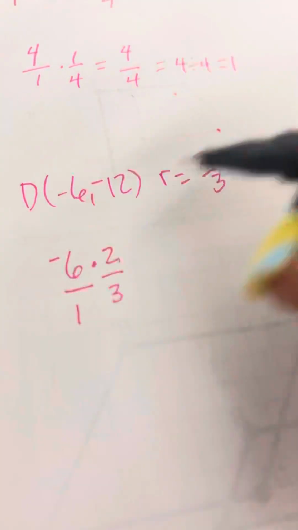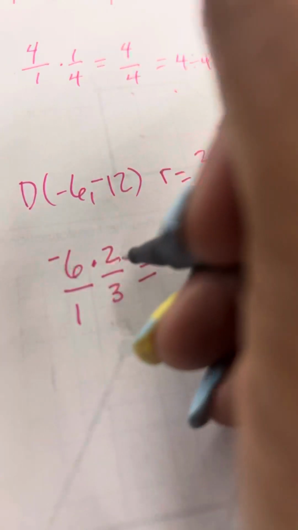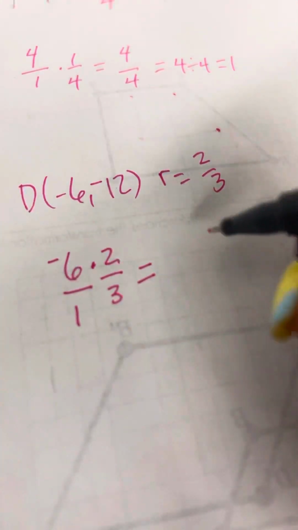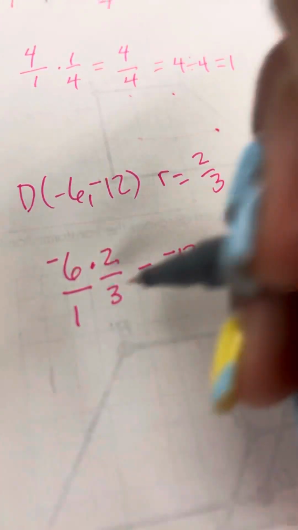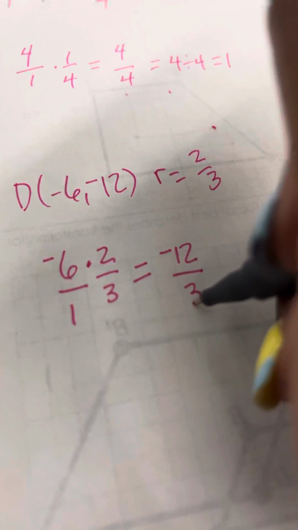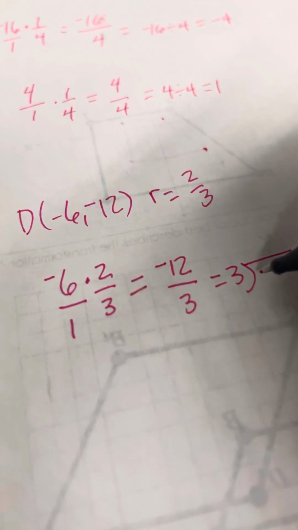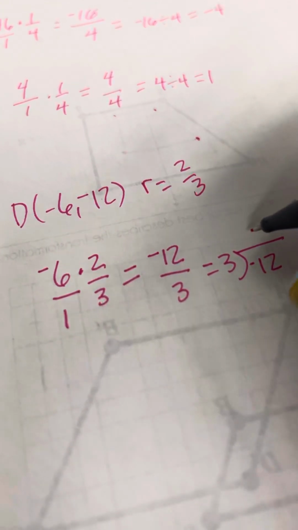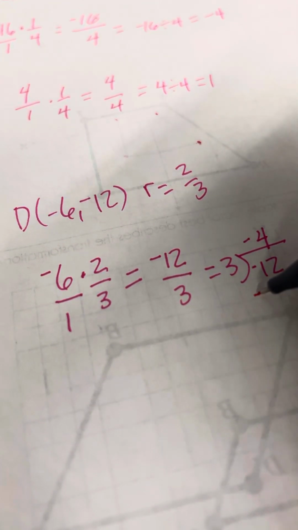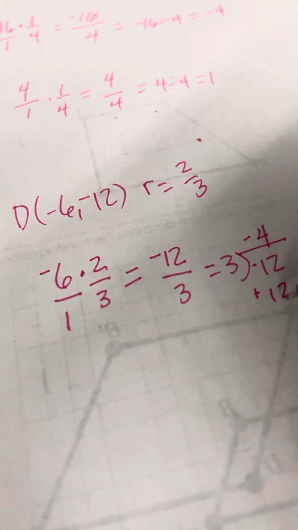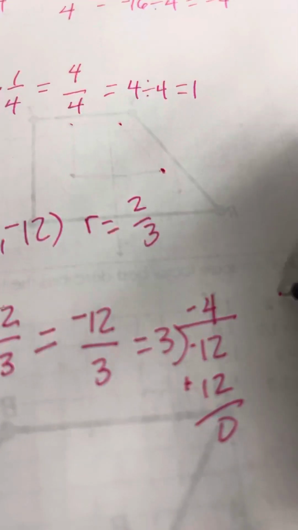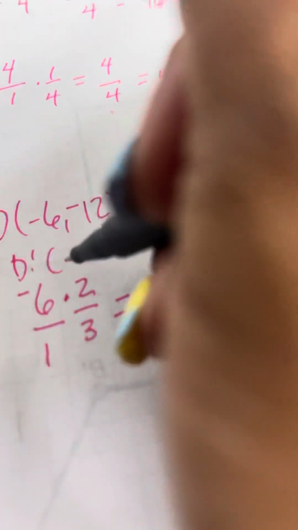Remember, place this over 1 and multiply across. -6 times a +2 is a -12. 1 times 3 is 3. Then we see how many times 3 goes into -12. And it goes in -4 times. So that first term for D prime is -4.